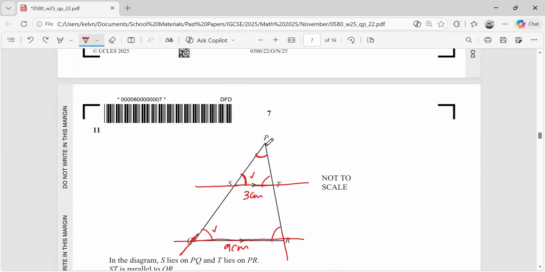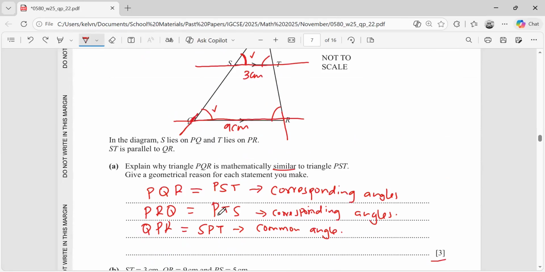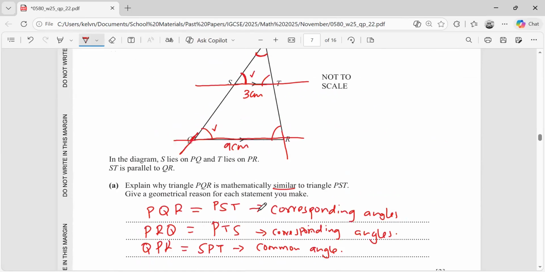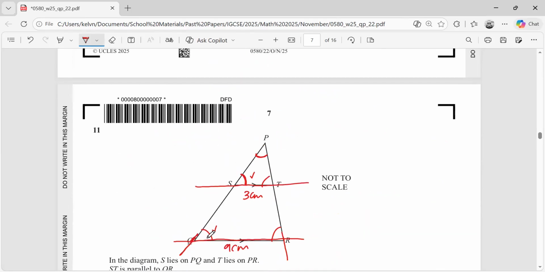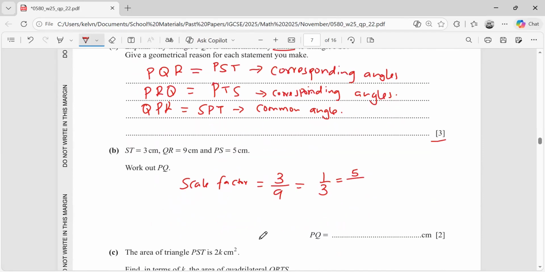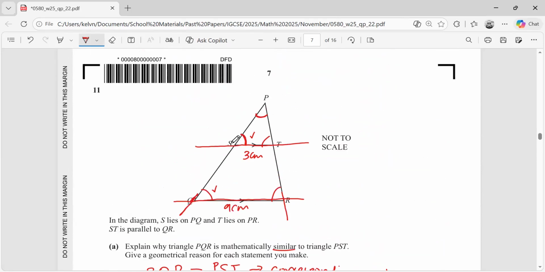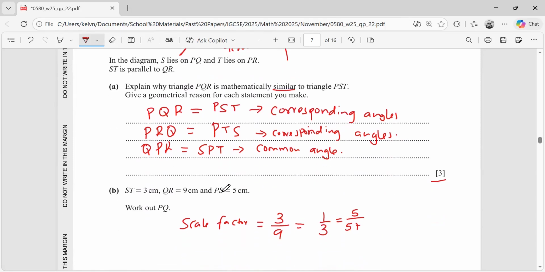We already know PS is 5 centimeters, but PQ, the larger one, we don't know. But we do know it's part of PS, so it's going to be 5 plus the distance remaining, SQ.